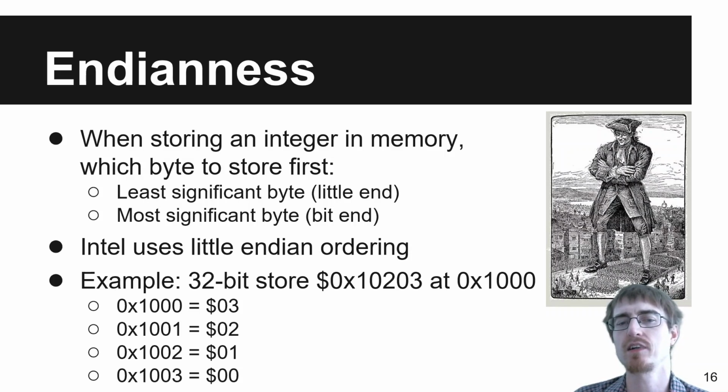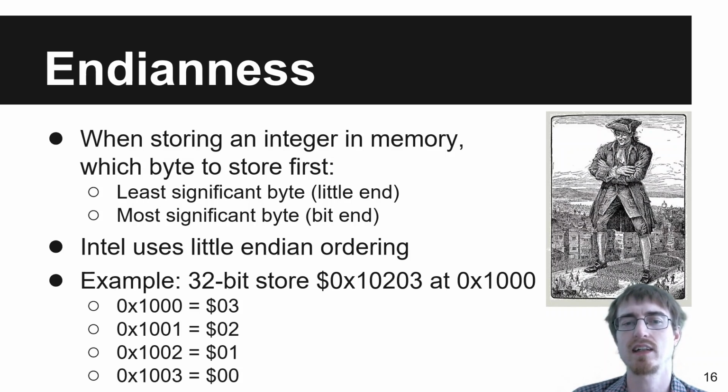The least significant byte first, or the most significant byte first. Now, we refer to these as the little end or the big end. So, if we store the least significant byte first, then the system is called little endian, because it starts with the little end. If we start with the most significant byte, then your architecture is called big endian.